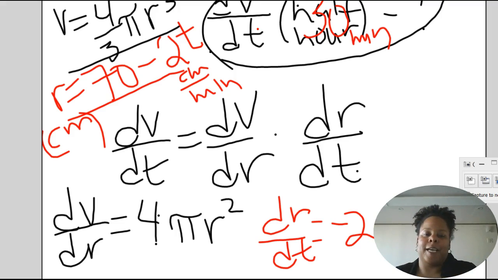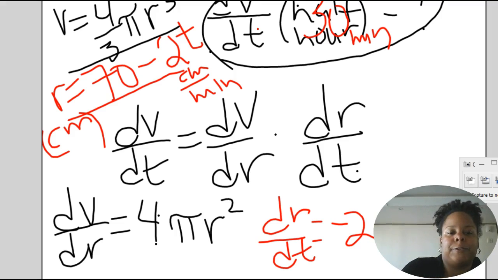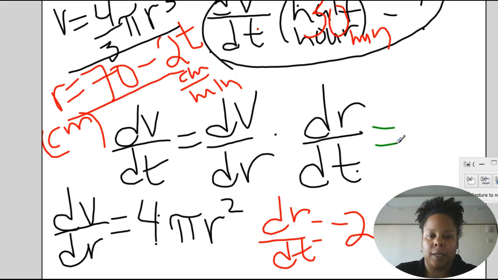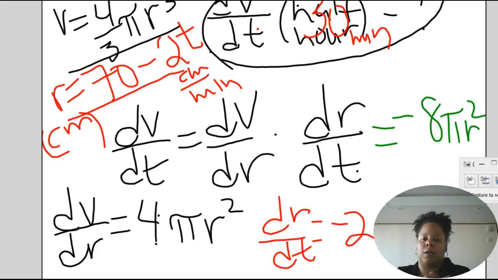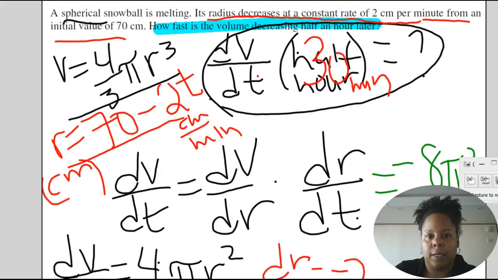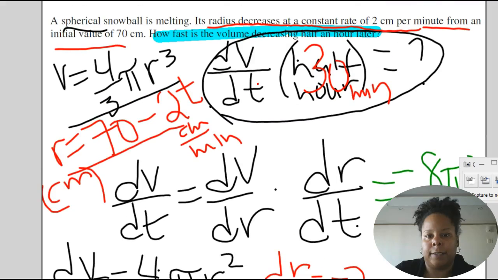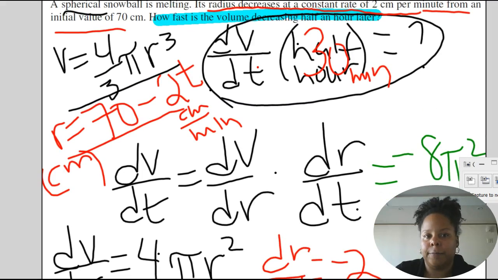Now all I need to do is multiply these two things together, and when I do, I get a statement for the derivative of volume with respect to time to be -8 pi r squared. Back to the original question: how fast is it decreasing half an hour later?